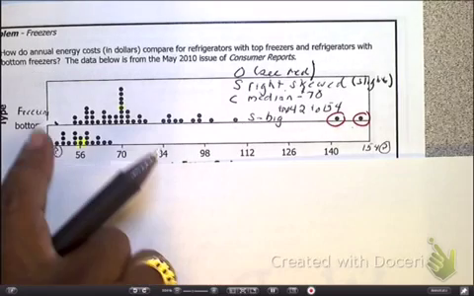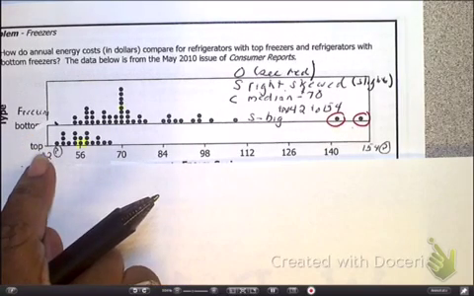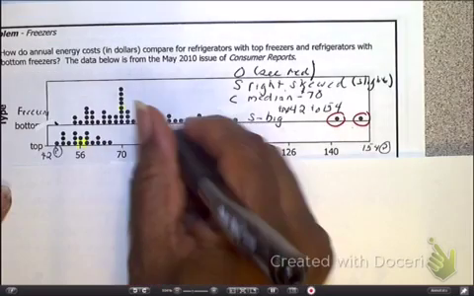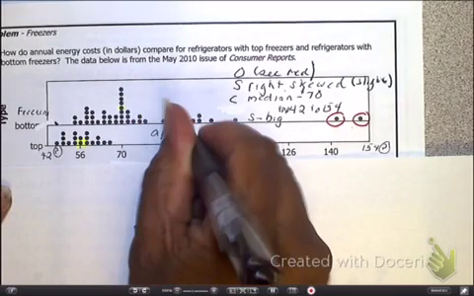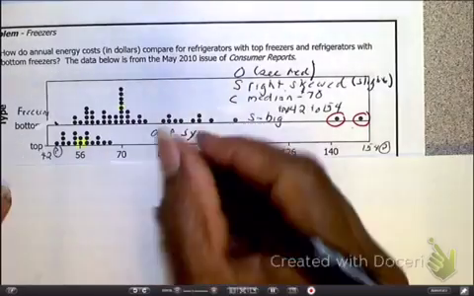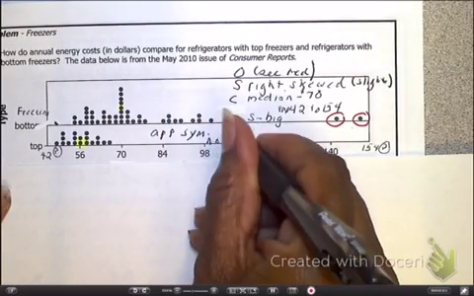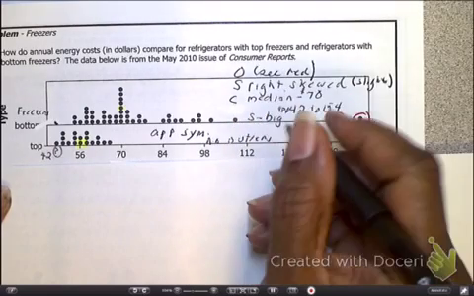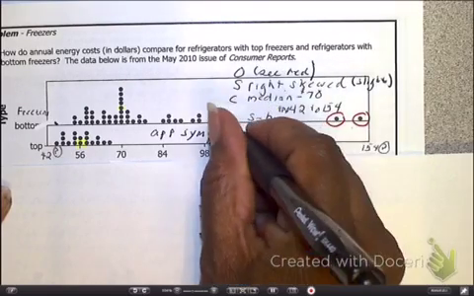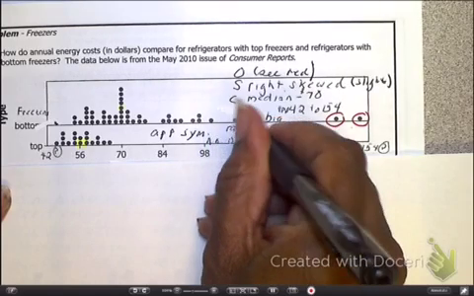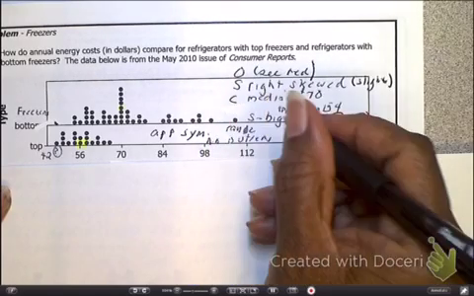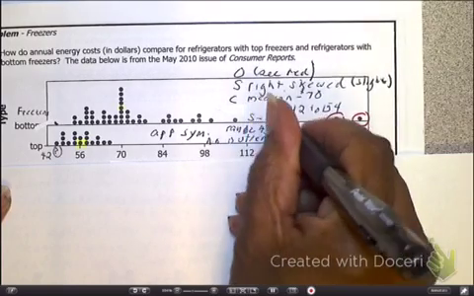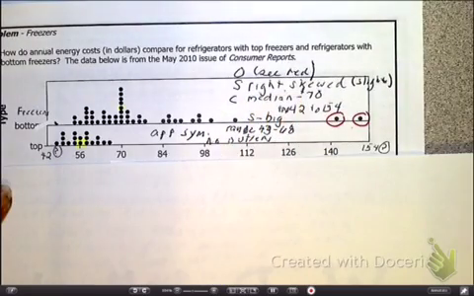Now let's look at the one that has the freezer at the top. It looks to me like it is approximately symmetric. There are no outliers. My range is from 43-ish to 68-ish, and if I'm off a little, it's okay.